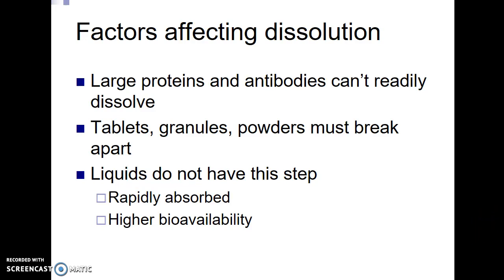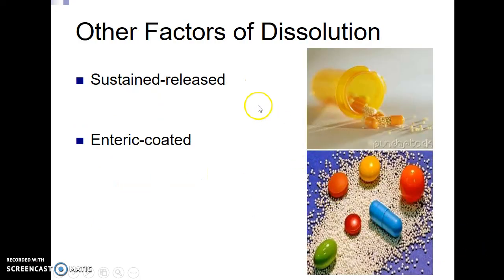So a liquid usually is a faster way to get a drug into the systemic circulation. Sometimes we don't want things to get in there super fast, so we have a sustained release type of formulation. These are drugs that are meant to slowly be released into the gastrointestinal system and absorbed slowly and last longer.